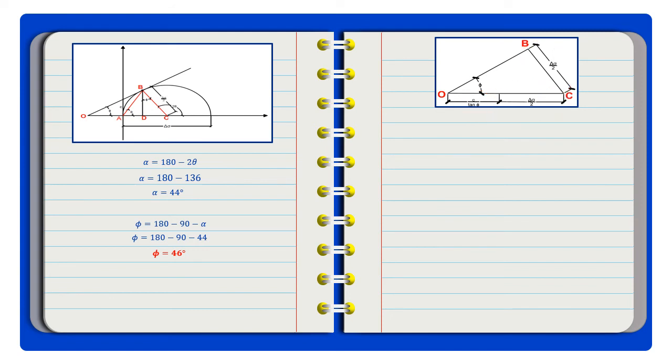So, from the principle, angle B will be a 90-degree angle since it is an intersection of a radius and a tangent line. So, from this triangle also, makikita natin na yung angle of internal friction, opposite niya, si segment BC, at yung 90-degree angle, opposite niya, yung segment OC.